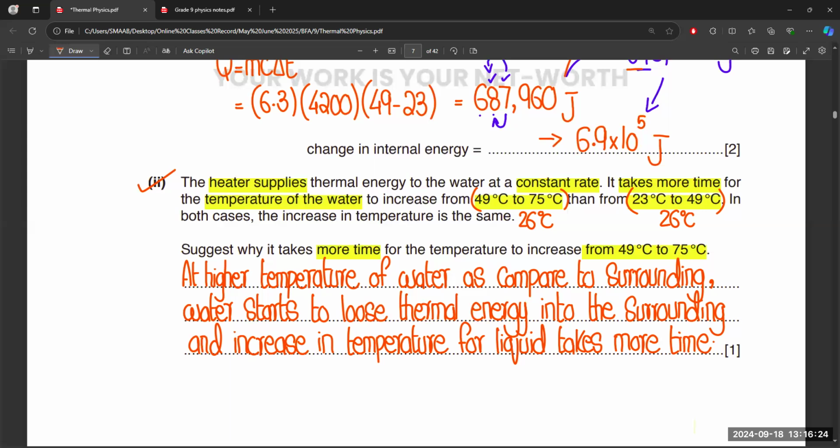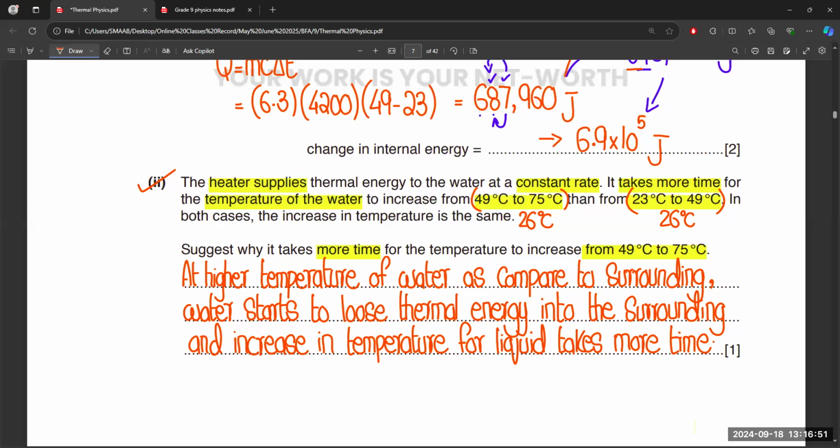So just because of the loss of heat into the surrounding, water takes more time to increase its temperature. Okay. Meaning that the temperature increase, or the boiling, would be much faster if the surrounding temperature is less.